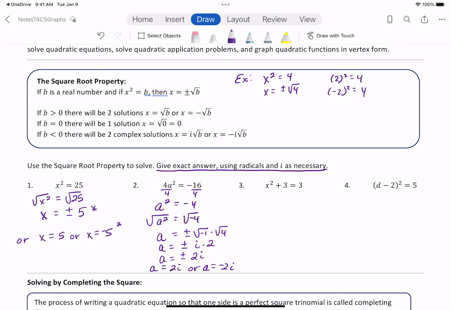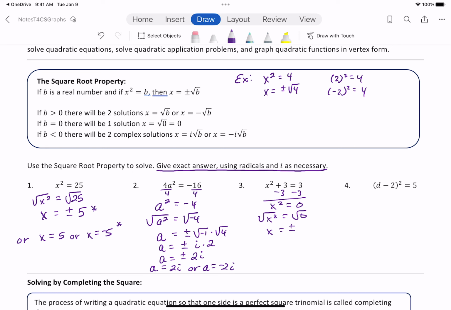For number 3, the squared term is not by itself again. So first, I need to subtract 3 from both sides. And I get x squared equals 0. So if I use the square root property, again, the square root of a squared term is just the term.